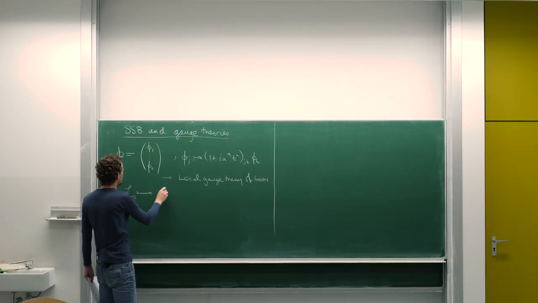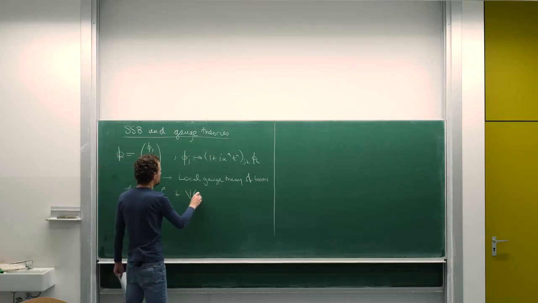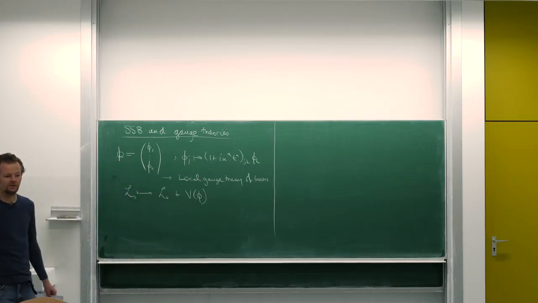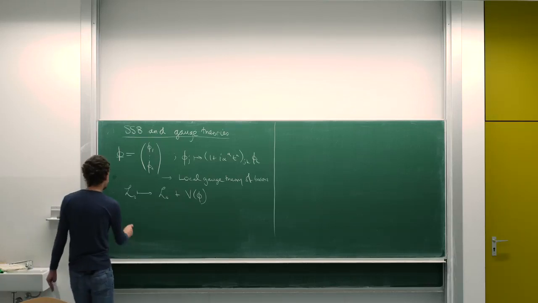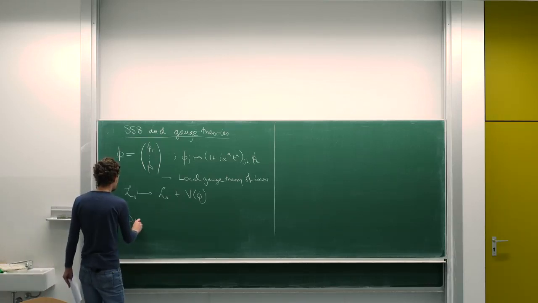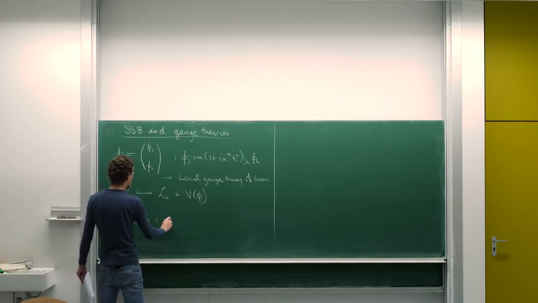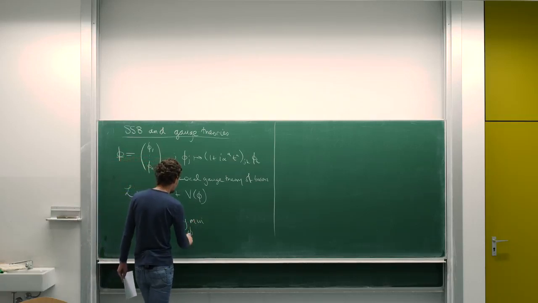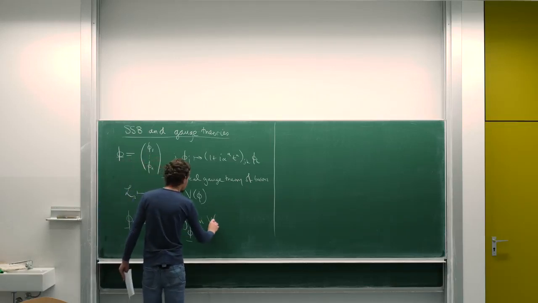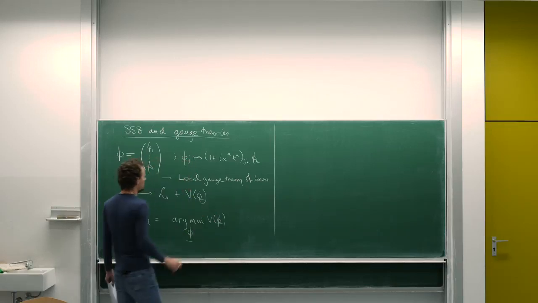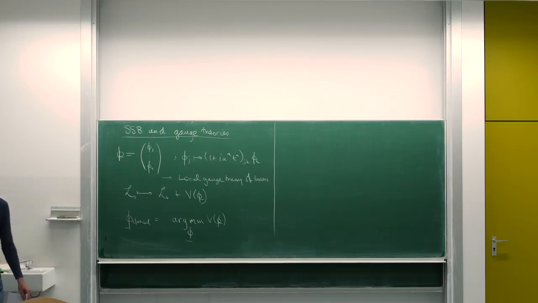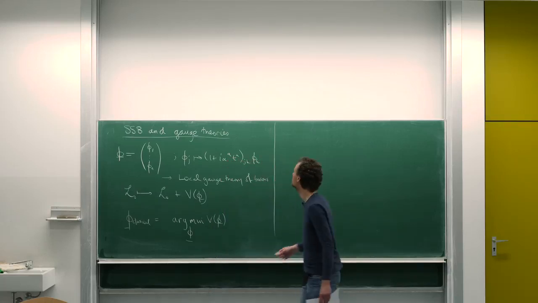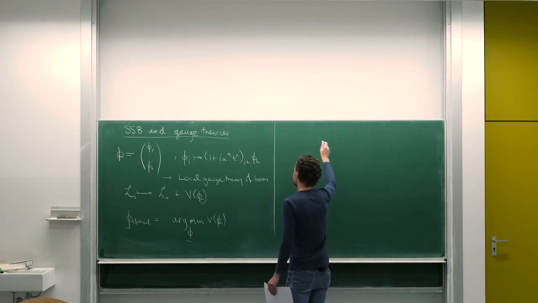If you take the Lagrangian and add onto it some potential term, which is minimized at some configuration of this bosonic field, and if that minimum isn't zero, then you can generate mass spontaneously. So that's what we learned in the previous lecture.